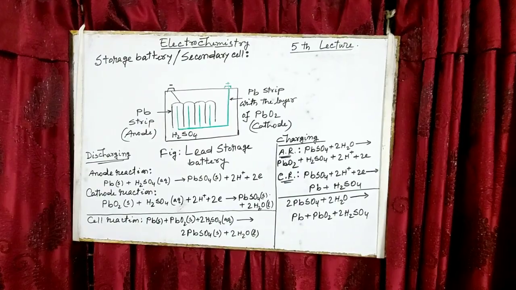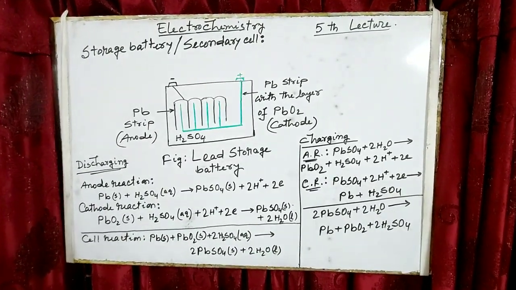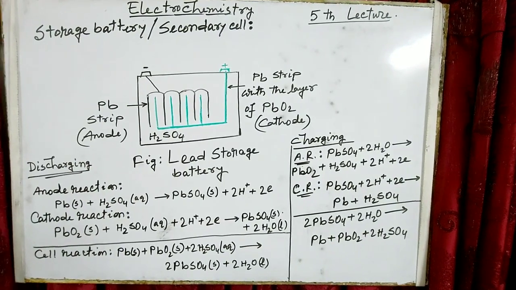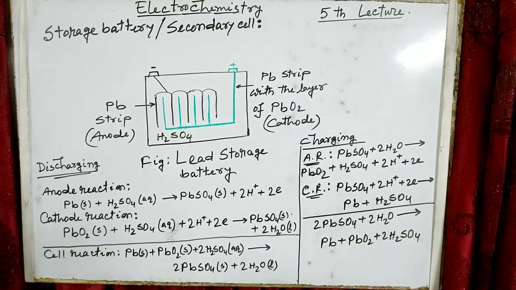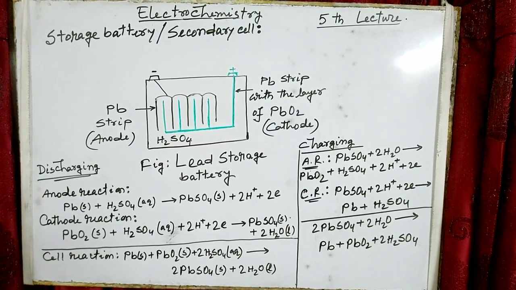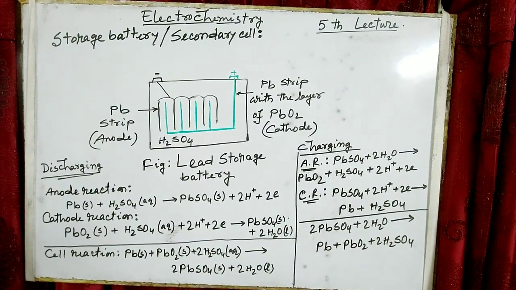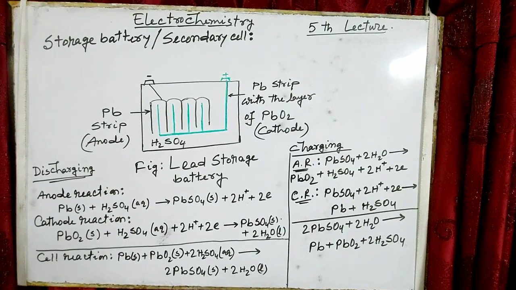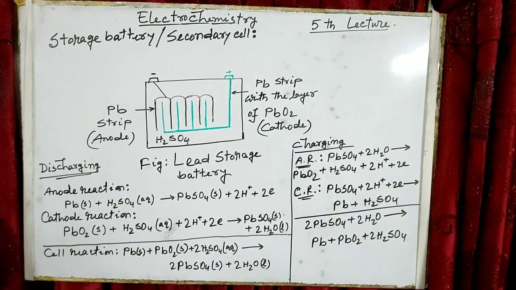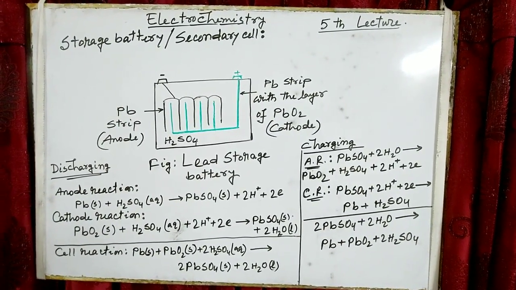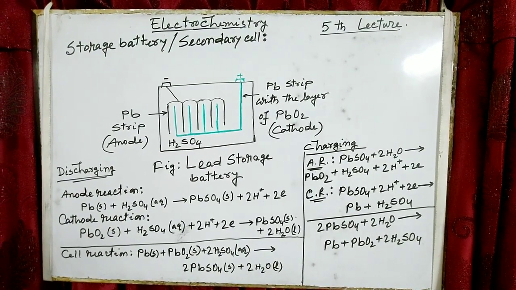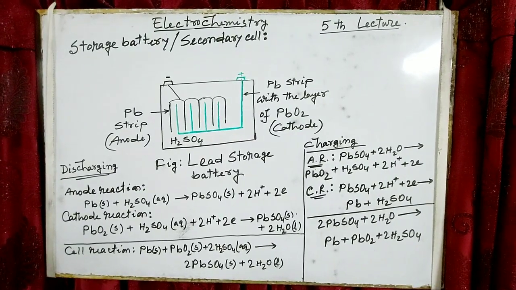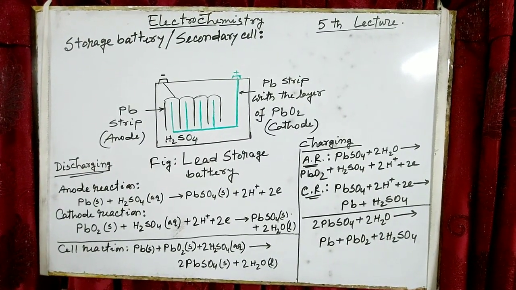My dear students, now we will study the storage battery or secondary cell. Storage batteries are in our cars or in the IPS for household purposes. The batteries used there are storage batteries. Those batteries can be charged, and during use they are discharged. So what will be the definition of a storage or secondary cell?